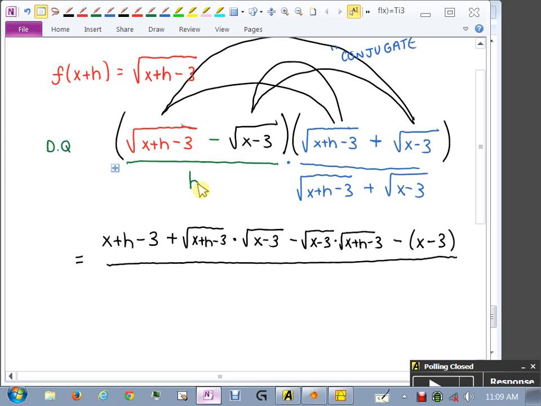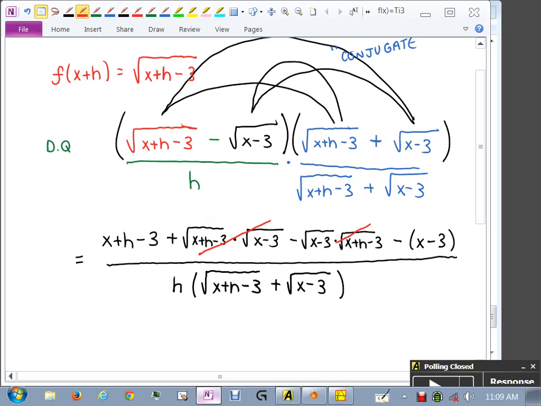the h times all this junk, right? Now, our goal is to try and cancel the h, isn't it? So I recommend that you do not do anything with that h other than just leave it out there. So that way it's there and available to you when you do your canceling. All right, middle terms are going to cancel.